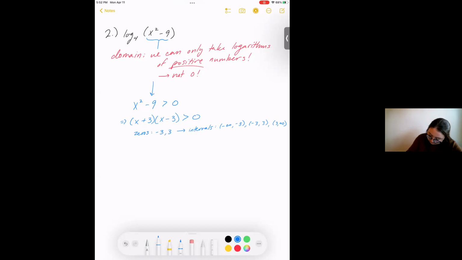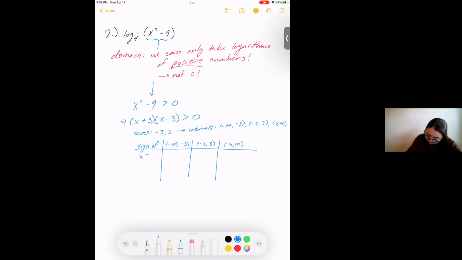So we'll make our little chart here. It won't be nearly as long as some we saw, because we only have the 3 intervals and then the 2 factors. So we've got -infinity to -3, -3 to 3, and 3 to infinity.